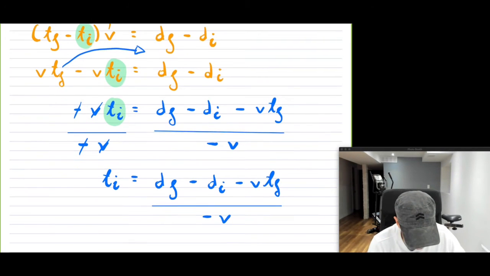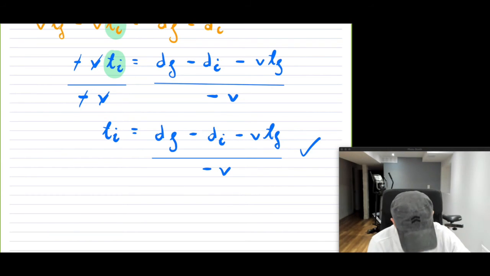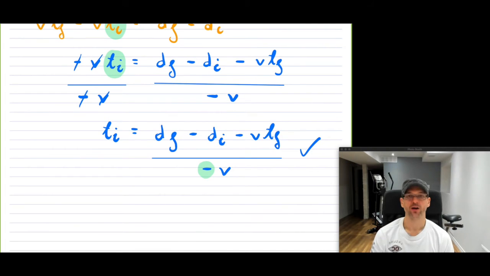The one frustration you will find in the beginning is that these formulas may look different. There's nothing wrong with this. This is perfectly fine. You've solved for your unknown. But sometimes, for instance, what you might see is this negative, and people may not like to have that negative.